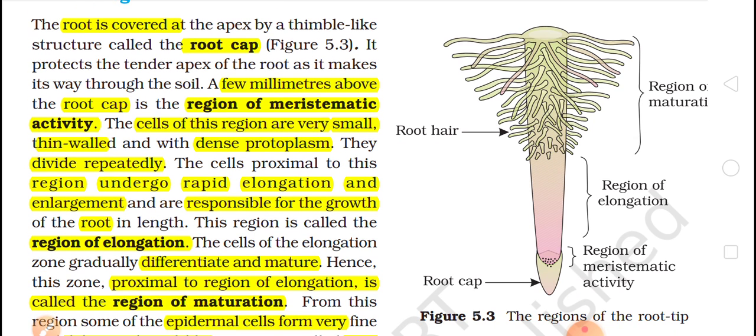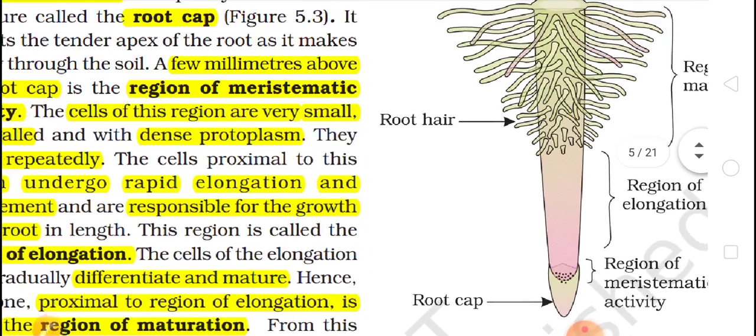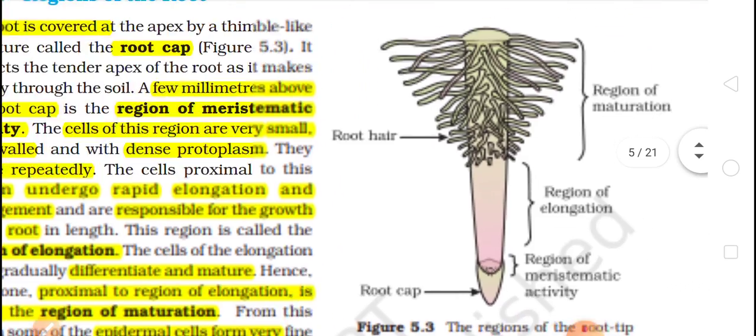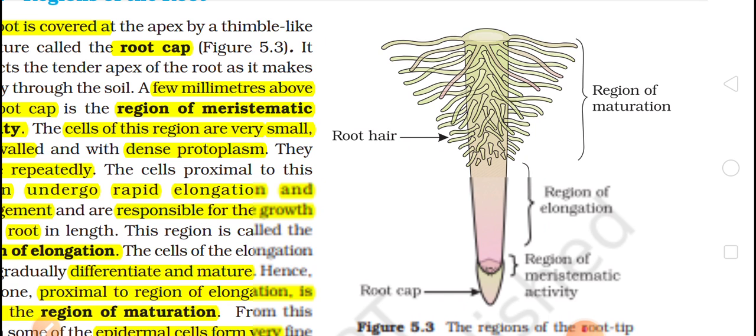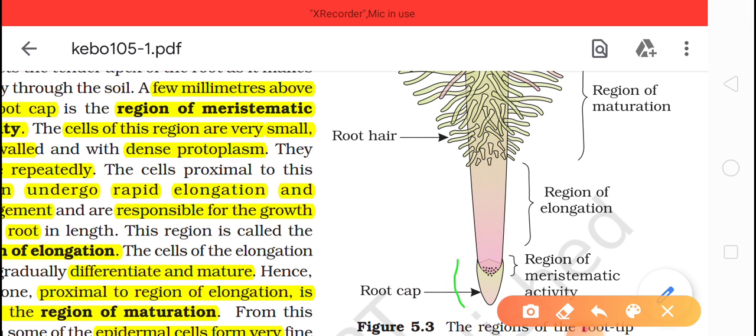Children, if you see the picture, you can easily observe that on the downside the root is covered by the root cap. Above the root cap is a region of meristematic activity.